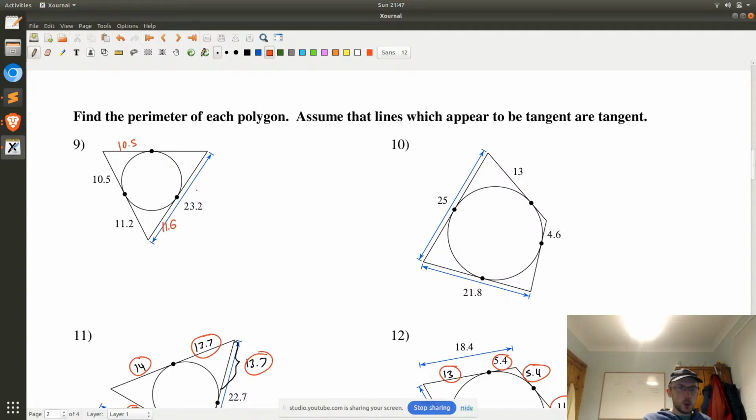And 23.2 minus 11.6 is... it's 11.6, is it not? Oh no, that's not right. Can't you see? That would be 11.2. Okay, now take that from 23.2 to get 12. And that should be 12.